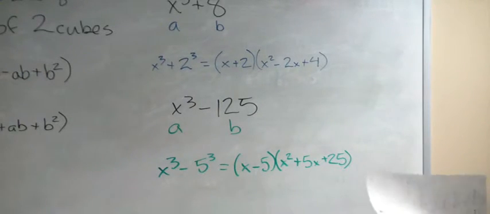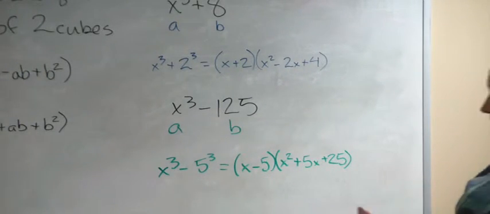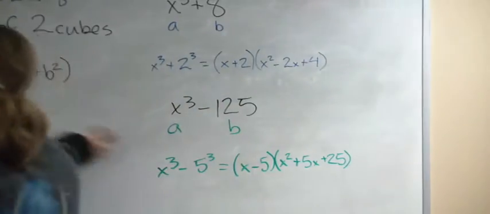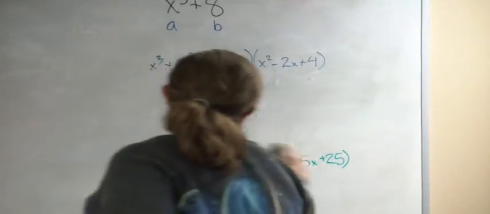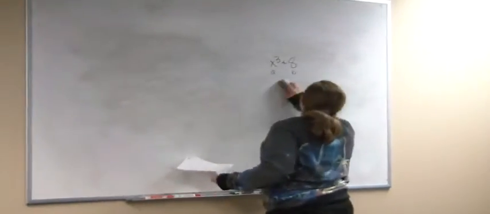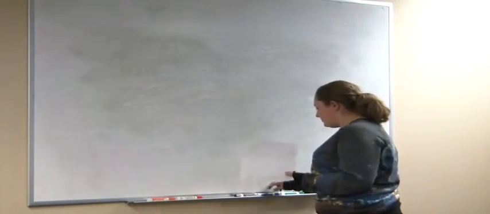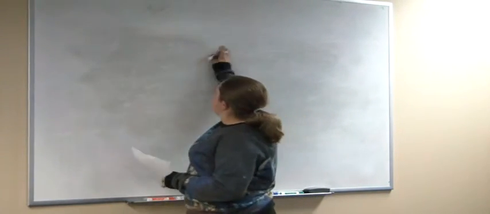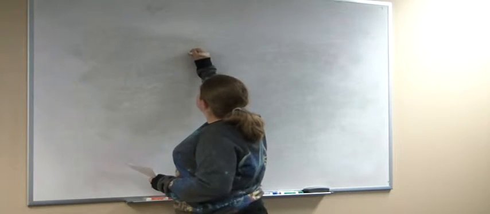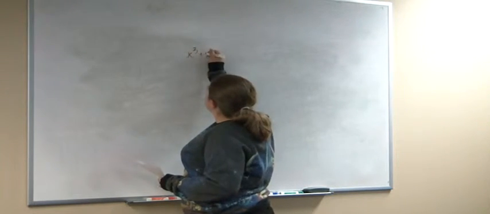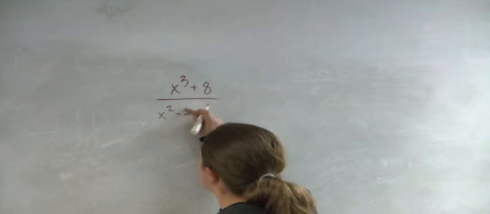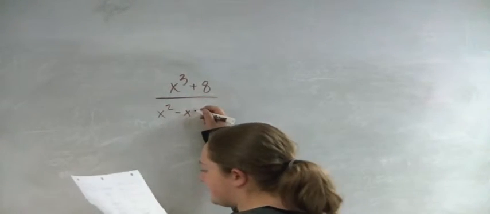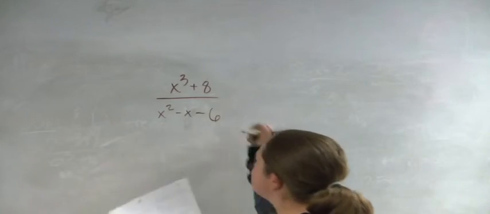So, what would happen with the sum and difference is you might see an equation like this. X cubed plus 8 over x squared minus x minus 6.